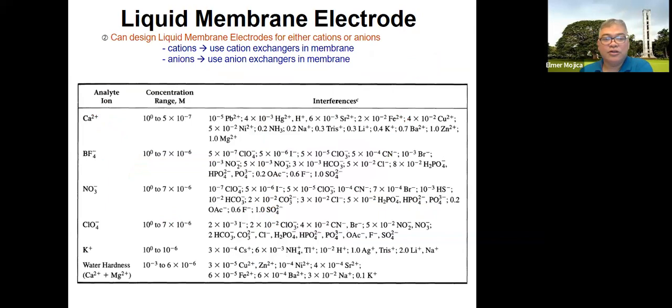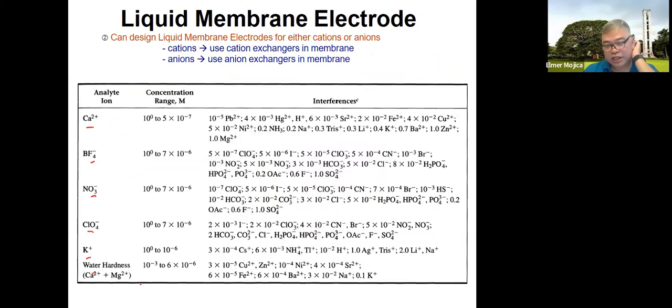Okay, so you can design liquid membrane electrodes for either cations or anions. If it's a cation, you use a cation exchanger in the membrane, like the dialkyl phosphate. So it is a cation membrane. Okay, it has an anion on it that will exchange with the cation. If you want an anion, you use an anion exchanger in the membrane.